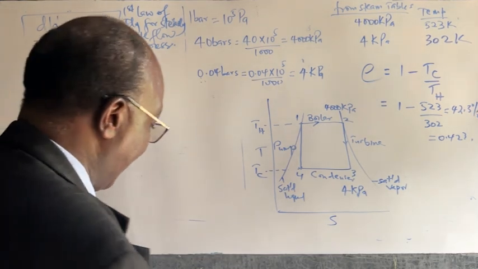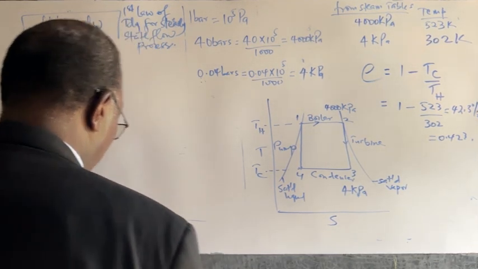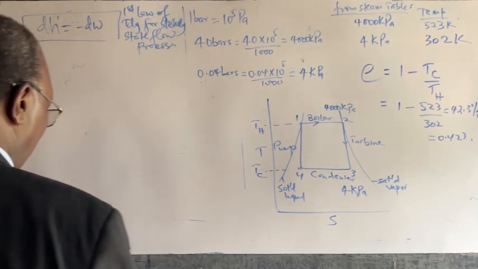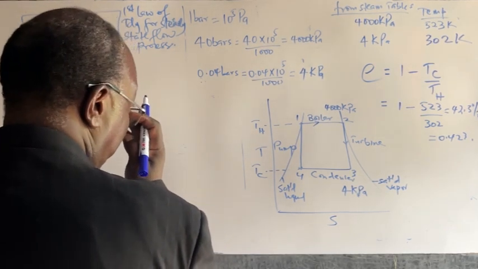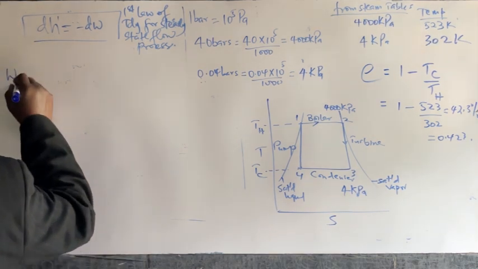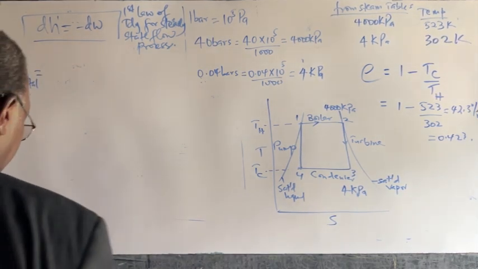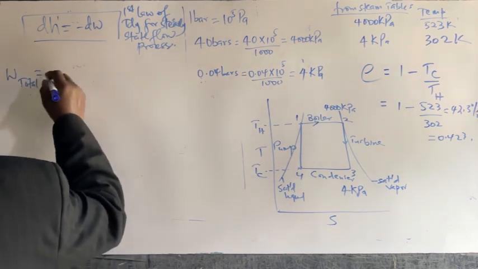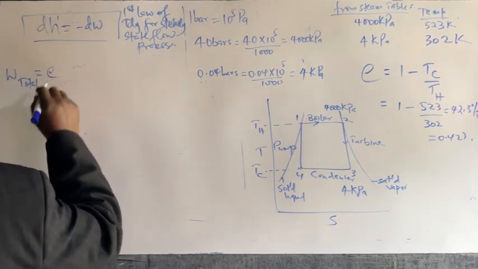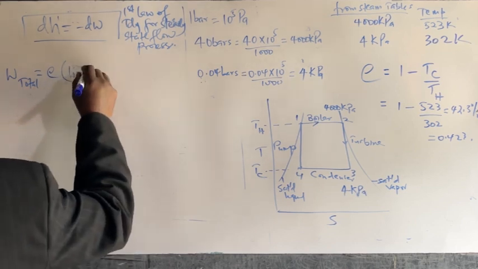And so, in a nutshell, when we are talking of the total work, W total, we are basically talking about efficiency times H1 minus H2.